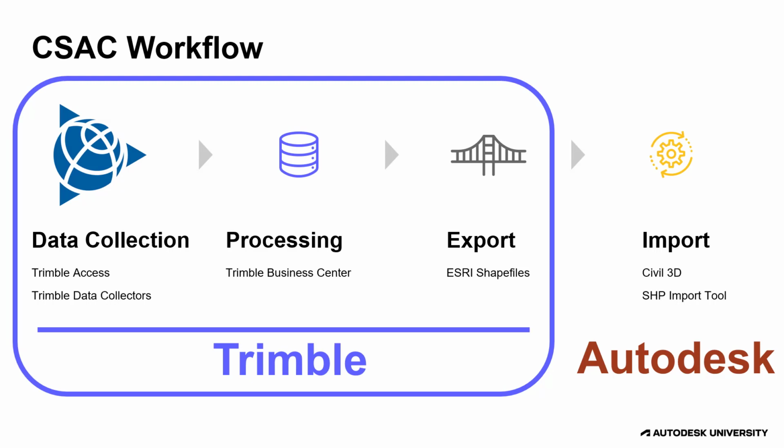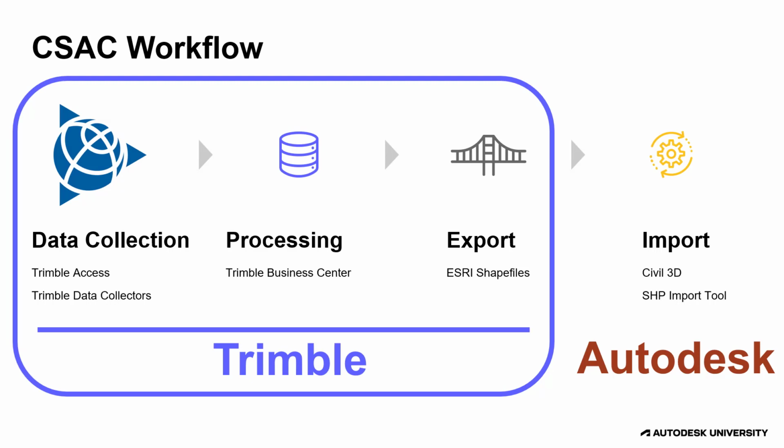So the CSAC workflow is that we have data collection. In the field, we're going to use Trimble Access and the Trimble data collectors. It's going to collect the data, and it's going to have all the attributes that we need within the data collector to collect the data in the method that is required. Then that data is going to be pulled into Trimble Business Center and processed.